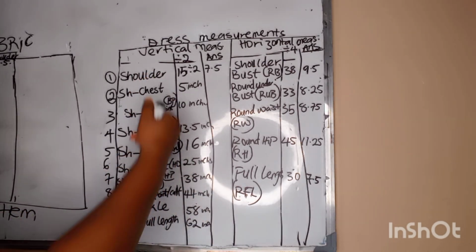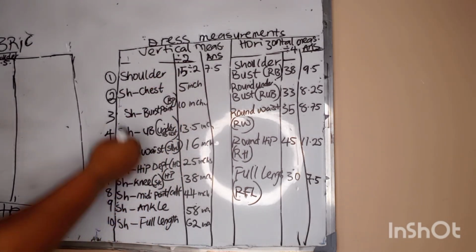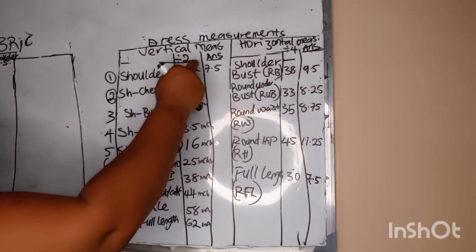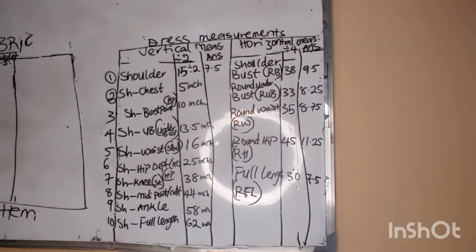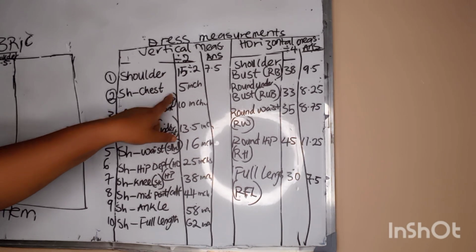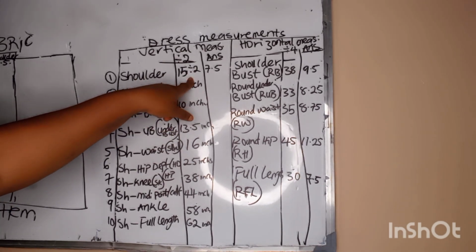Because looking at the flow here, you hardly see any of this vertical measurement being divided by anything except for a shoulder measurement. Now you have shoulder to chest measurement to be 5 inches. You have shoulder measurement to be 15 inches.